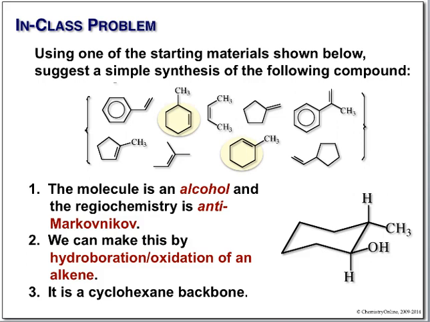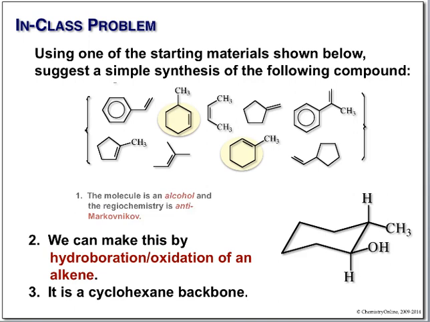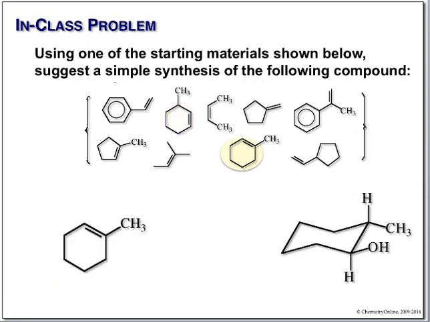On this one, both of these are secondary, right? So it could go to either one. Actually, it would be most likely to go to the wrong one down here, because the methyl group's in the way there. So we want to use this as our starting material.